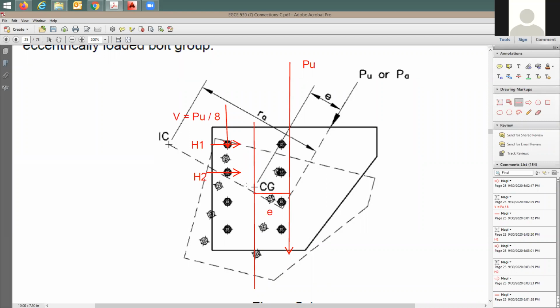H1, because this distance from the CG to that location, this arm here, is going to be larger than that for the H2. Look at the one for the H2, it's going to be from here to there. So when the bolt is getting further away from the CG, the force is going to be higher. So H1 is going to be larger than H2.